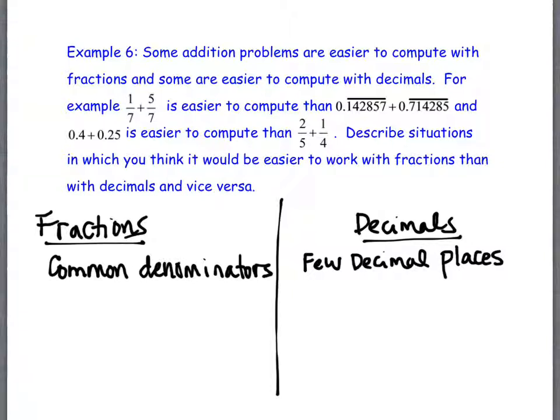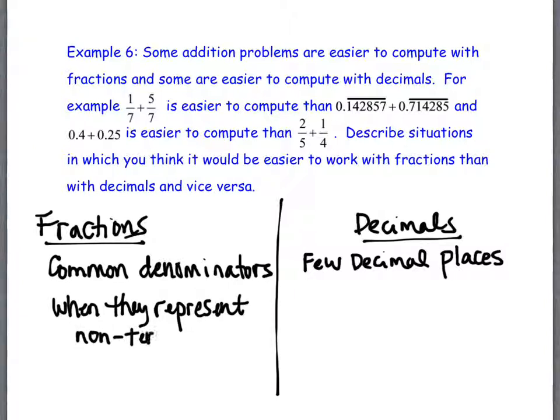So at some point in here, I think we could write that fractions are easier to work with when they represent non-terminating decimals, or you could put the phrase repeating decimals. When you get something that gives you a repeating decimal, it's not so easy to work with. The fractional expansion is much nicer.